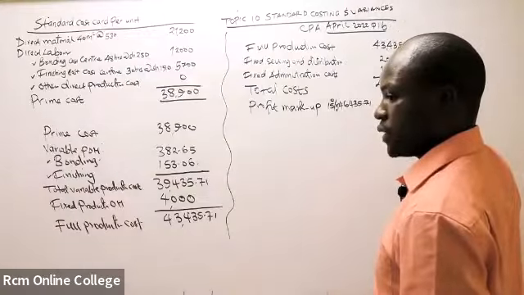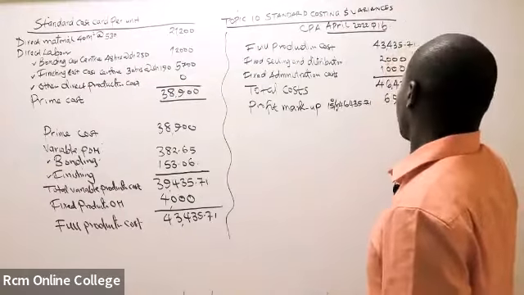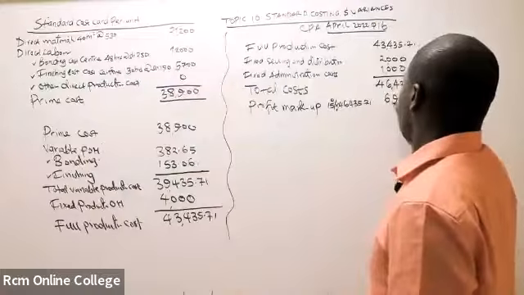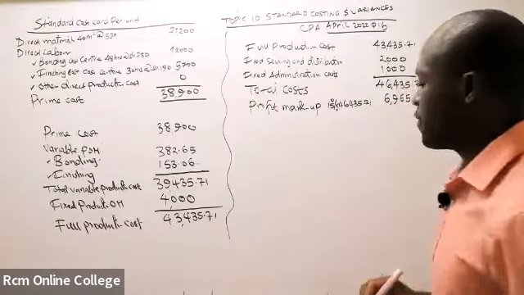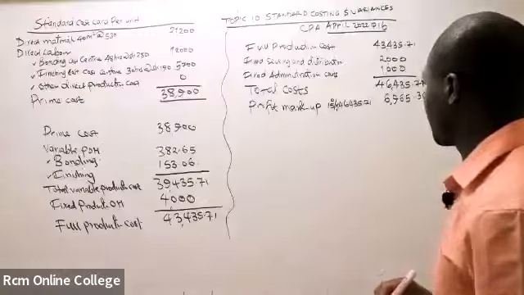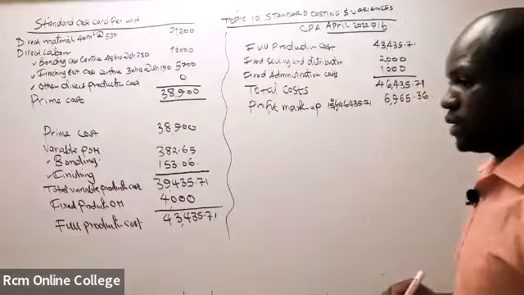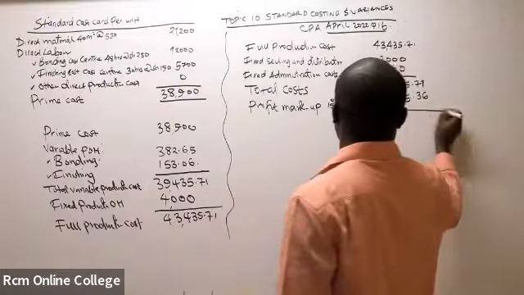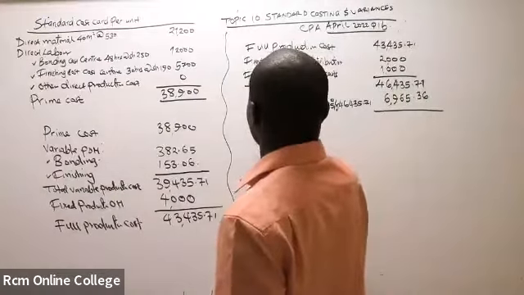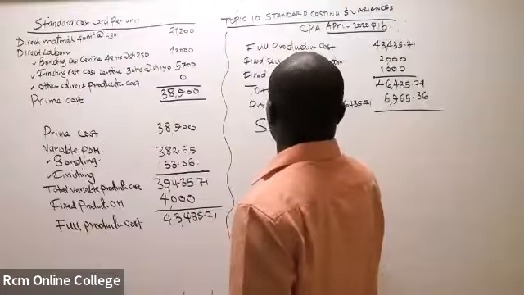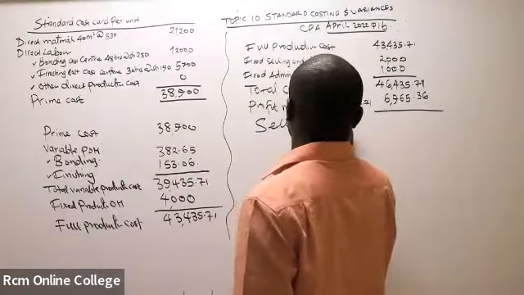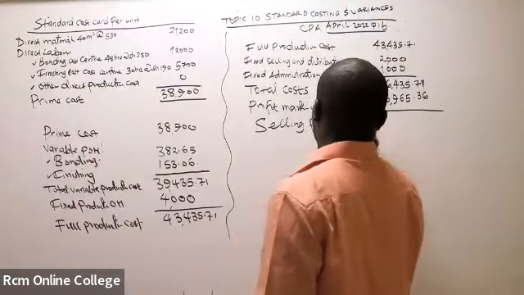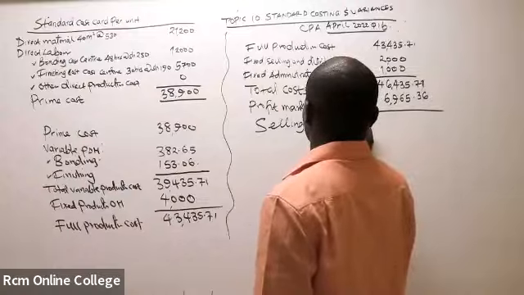Are we getting 6,965.36? Good. So can you add all that? When you add, you are talking about selling price. Selling price itakuwa ngapi? Selling price per unit.